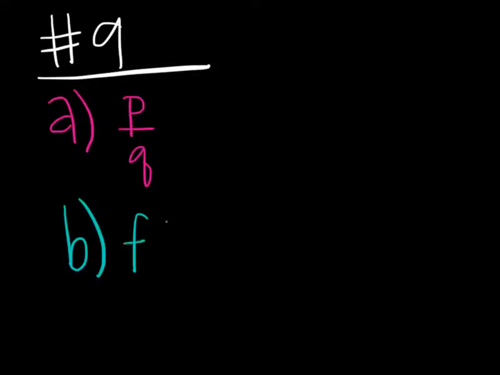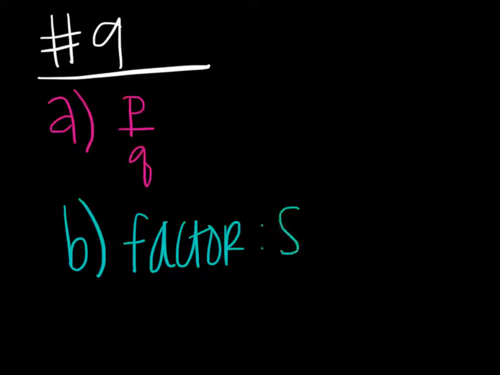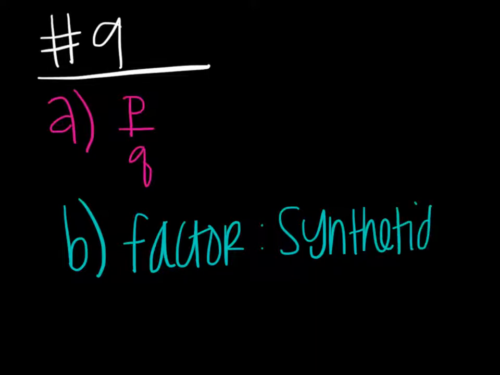So in review of this video, there are various steps that we have to be able to do for this objective. For A, this is a level 2 objective, you have to know the PQ formula. For B, we are attempting to factor the polynomial, and in order to find the factors, we have to do synthetic division.